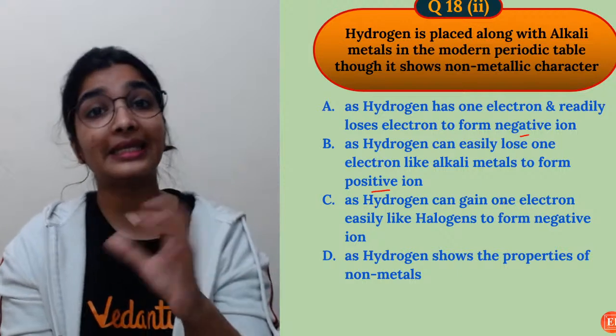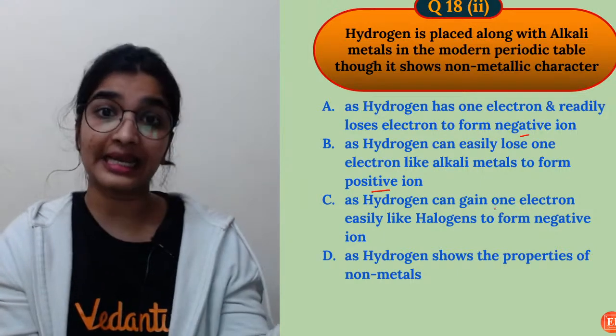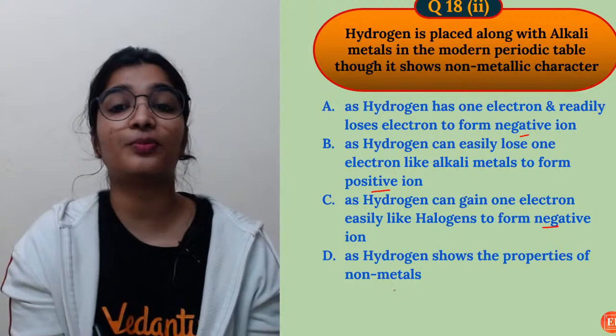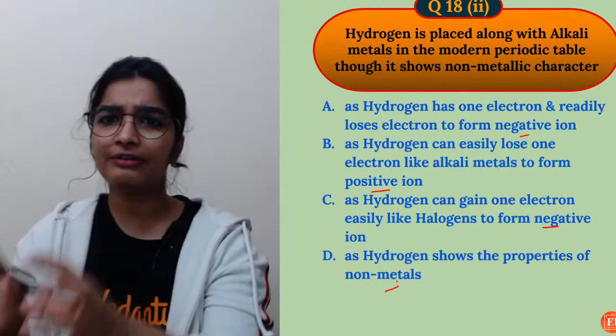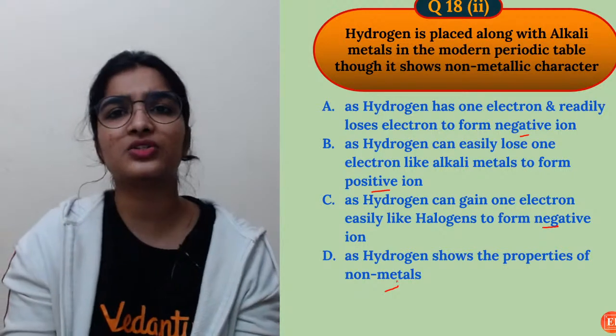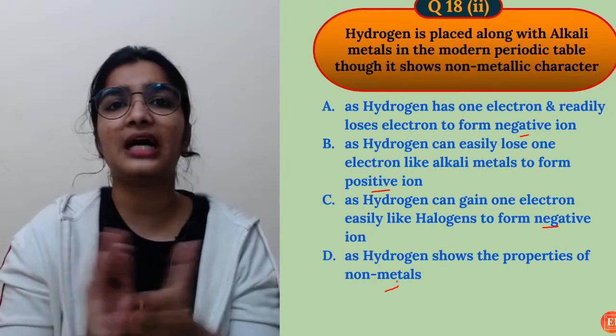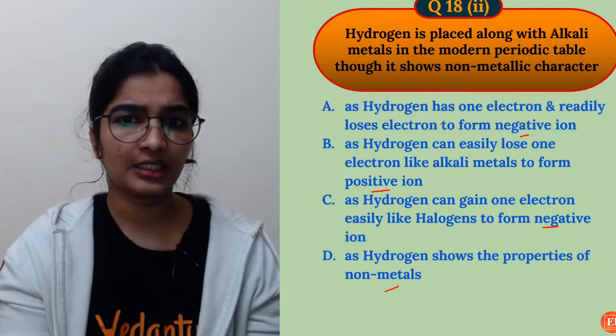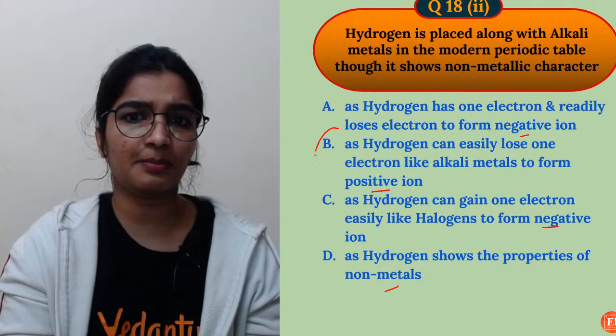C, as hydrogen can gain one electron easily like halogens to form a negative ion. D, as hydrogen shows the properties of non-metals. So even though it has the properties of non-metals also, it has been placed in group 1 along with the alkali metals. Why is the question? B. Okay. Many of you are saying B.